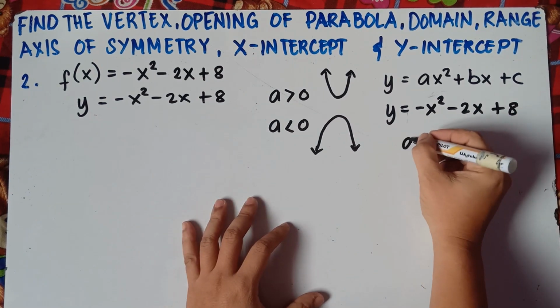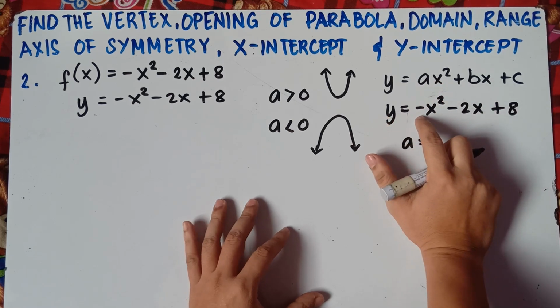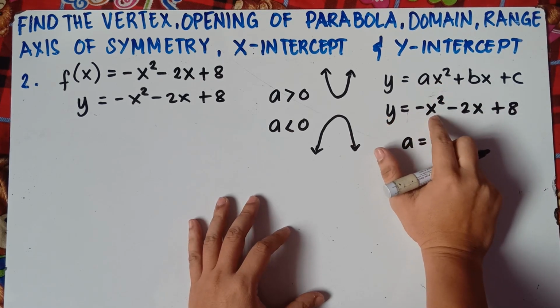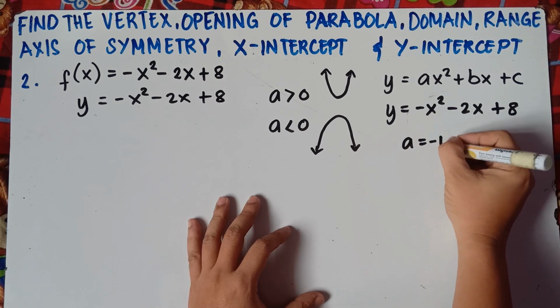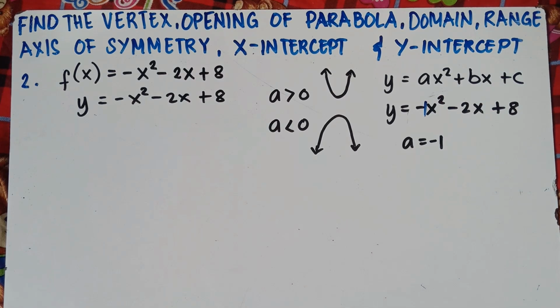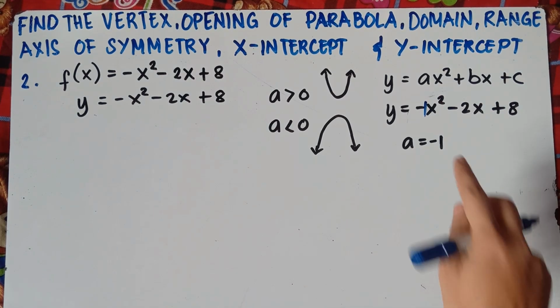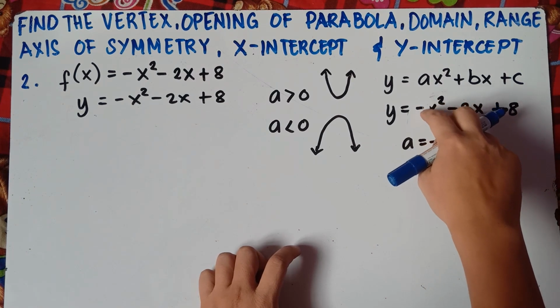Our a is beside x squared. If you don't see any number beside x squared, understand that there's a 1 there. Since this is negative, our a will be negative 1. So our a is negative 1.